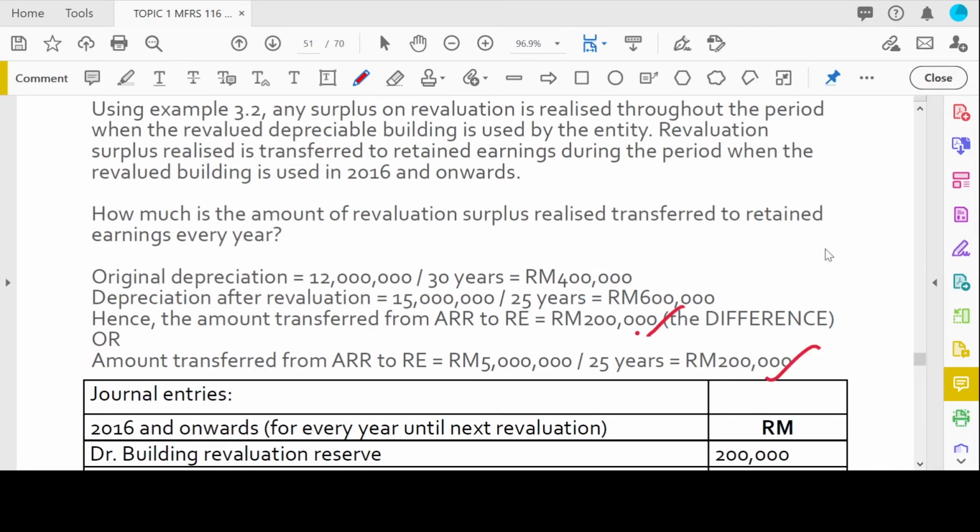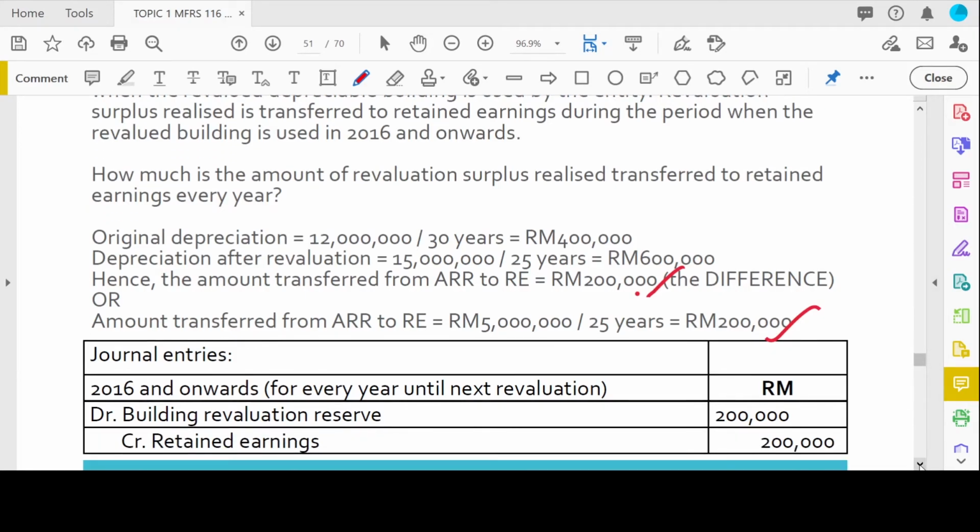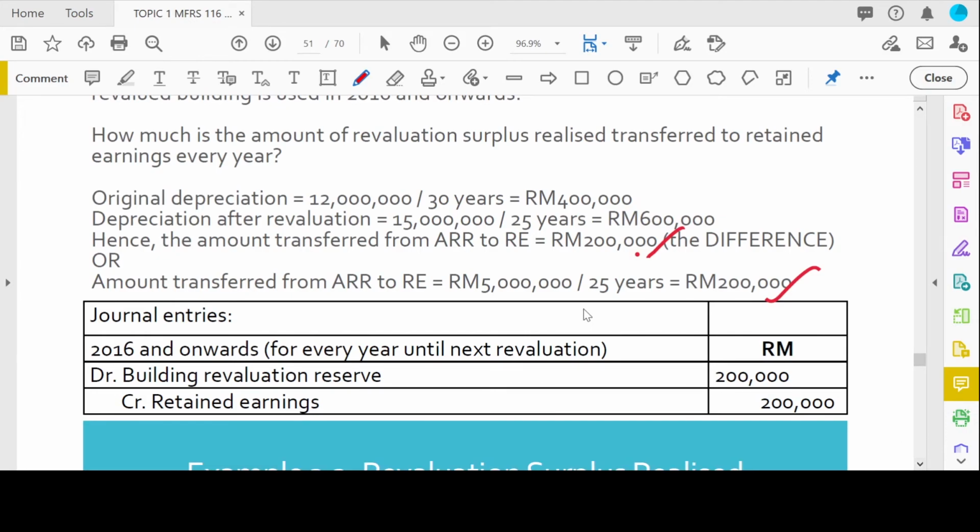Therefore, from year 2016 onwards, until the next revaluation, or if there is no revaluation, until the end of its estimated useful life, we are going to do this process of transferring from ARR to retained earnings every year.